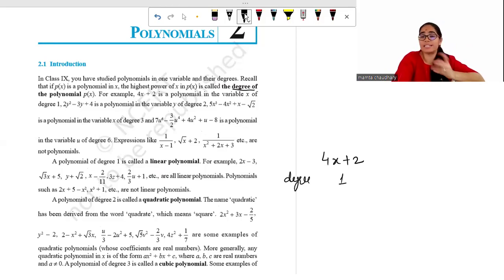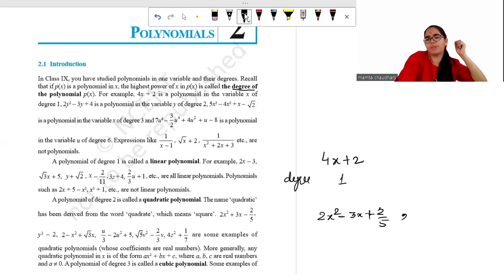Let's take another example. For example, I am taking 2x square minus 3x plus 2 by 5, or I am taking x square minus 45, or I am taking only x square.